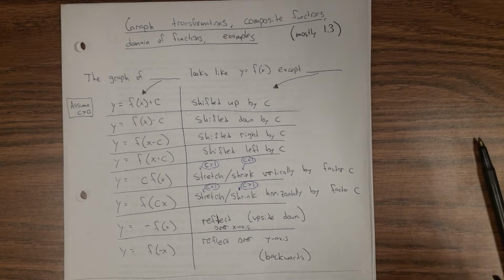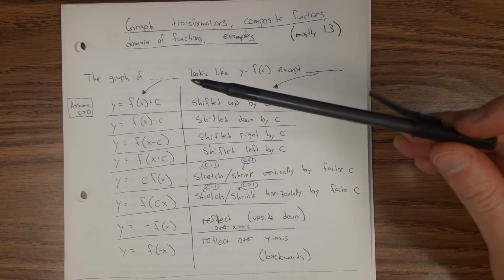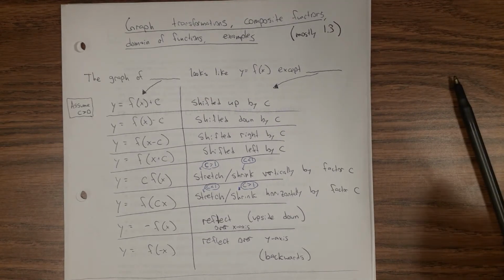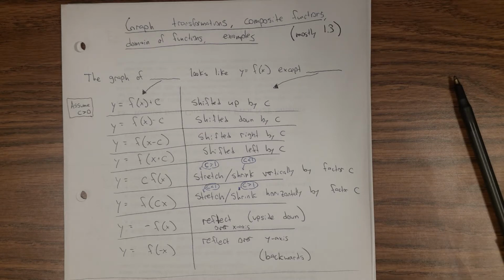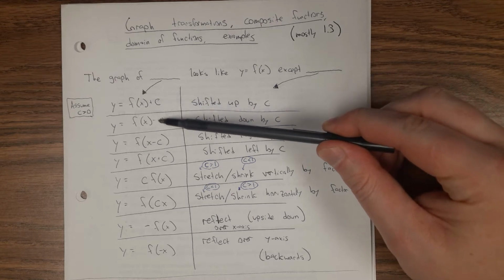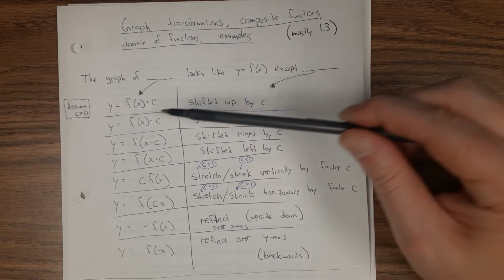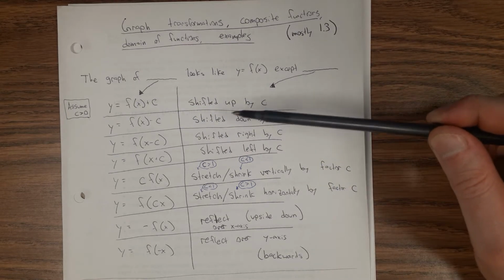So let me point something out here, because this is the hardest part about this to remember and to get straight. It's a little bit confusing because generally we consider up to be a positive direction and down to be a negative direction. And so when you look at the first two rules, that makes sense. If I'm doing plus, that's up. If I'm doing minus, that's down.